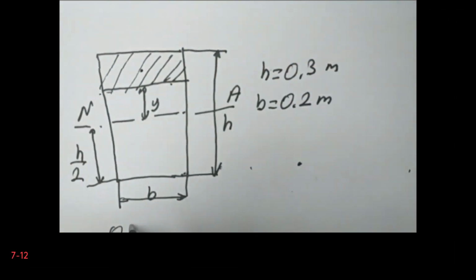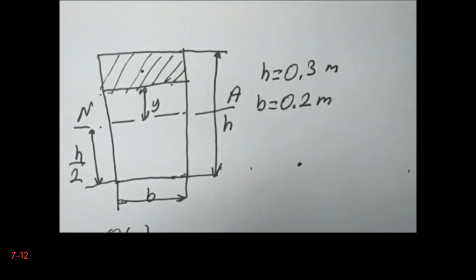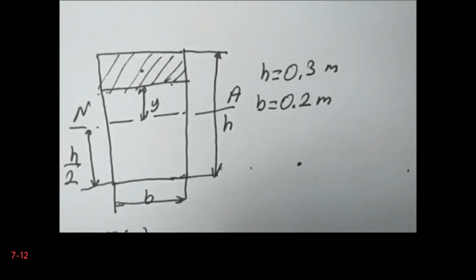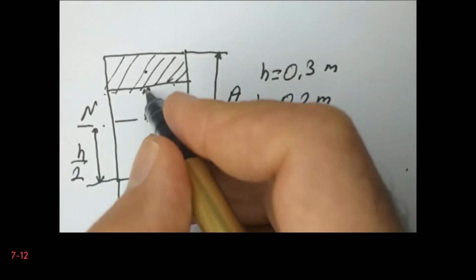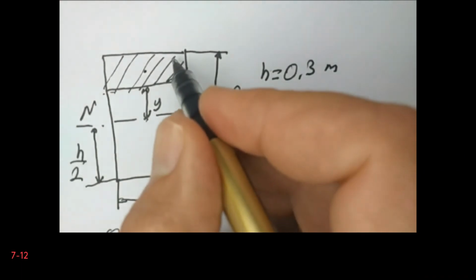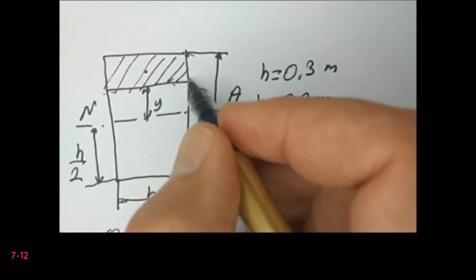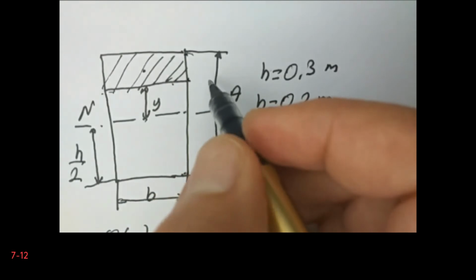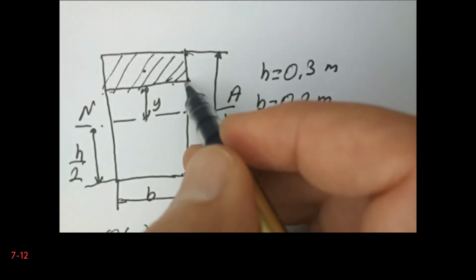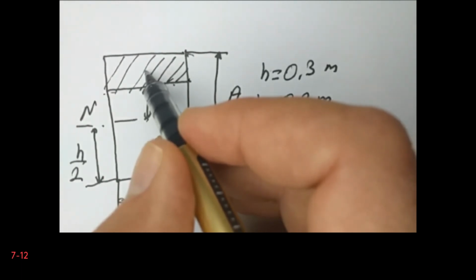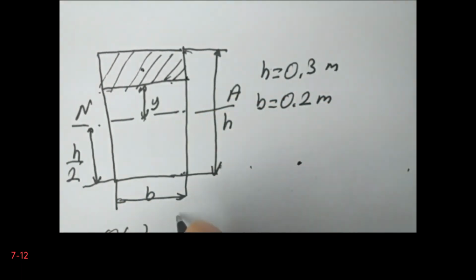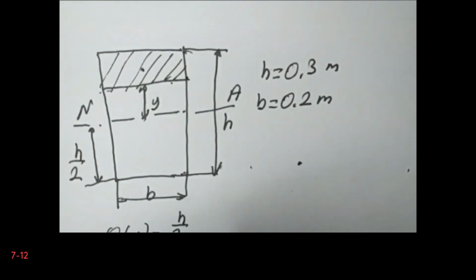Now this is my distance y. Certainly the height of this small rectangle is h divided by 2 minus y, and as a result the center is located at h divided by 2 minus y divided by 2. Then I will sum it up with the y. So the centroid is located at h divided by 2 minus y divided by 2 plus y.